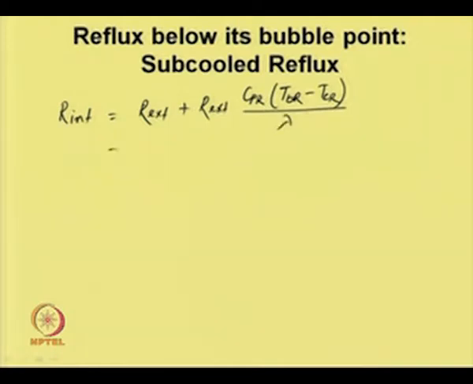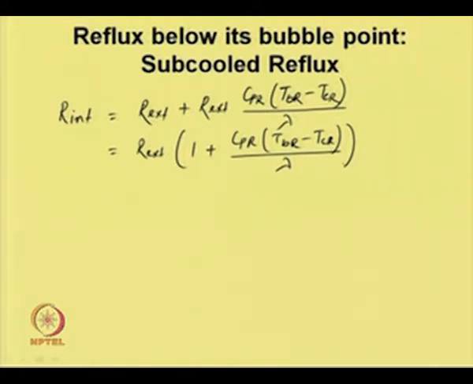So, this we can write as R external into 1 plus CPR into TBR minus TCR divided by lambda, this term.